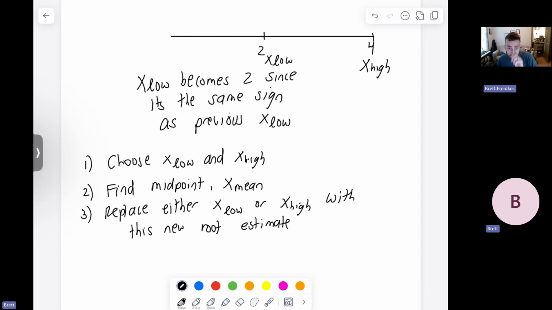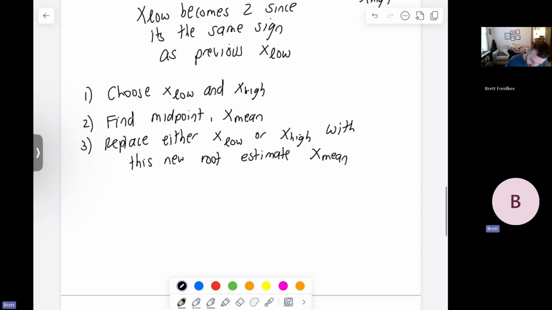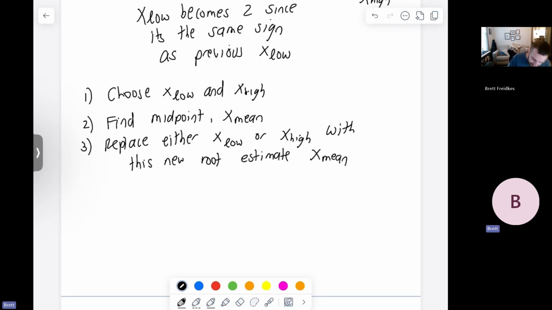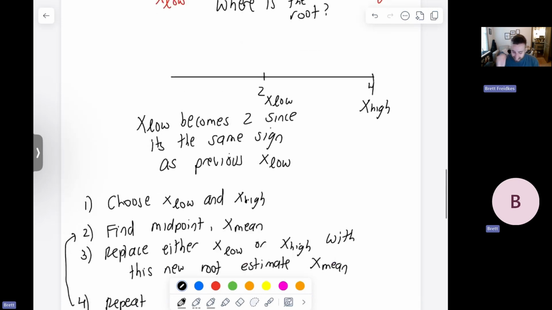The midpoint between these two numbers will be the same as the mean of them. And then repeat those steps. We have a new x low in this case. We'll find another x mean, which in this case is 3. And then we found the answer.